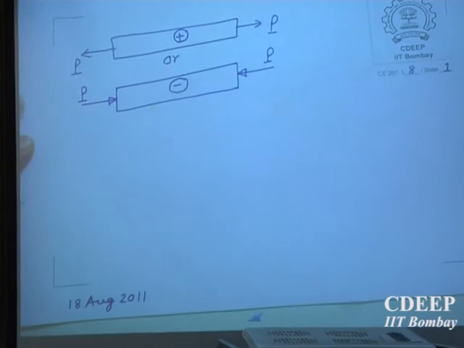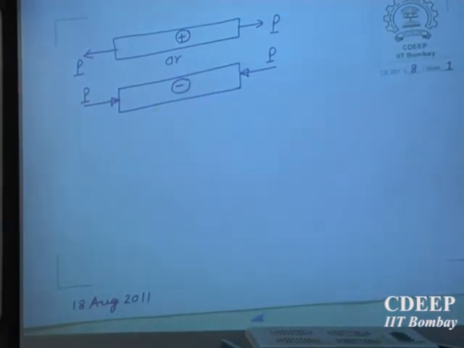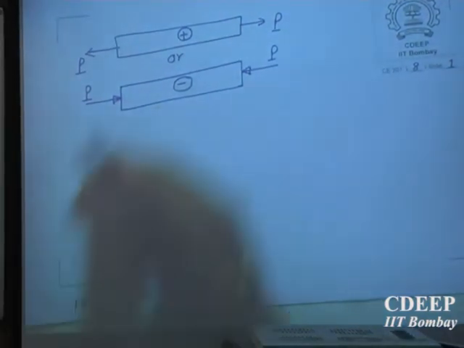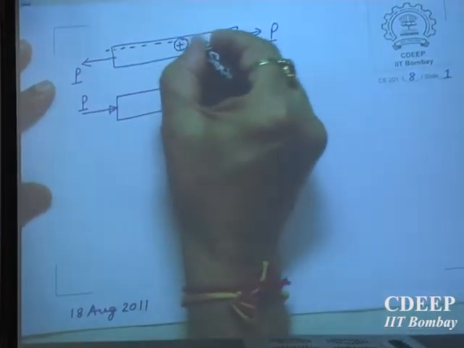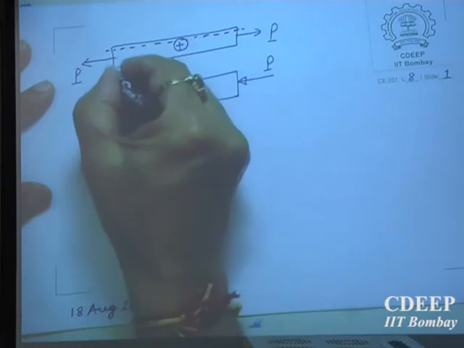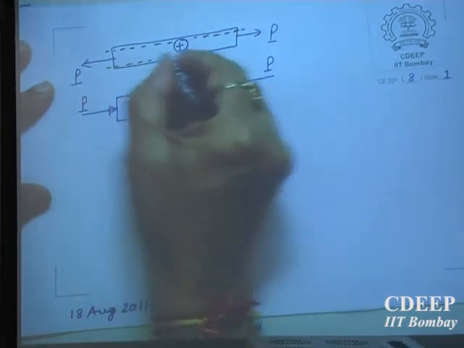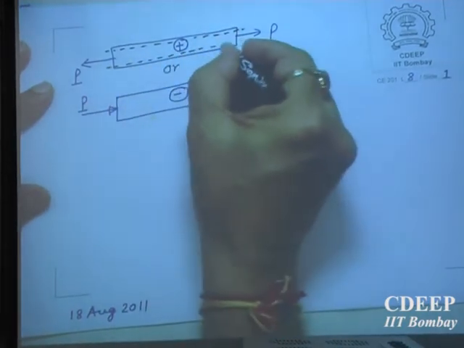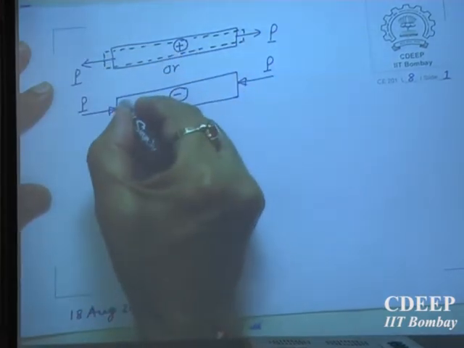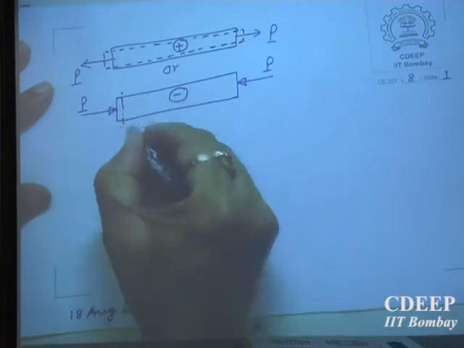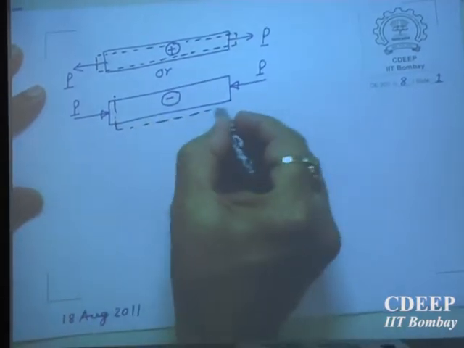So tension is shown by a plus sign, and if it is compression, we show it by a minus sign. This rod will undergo an elongation. Of course, the boundary condition is not fixed, so I cannot say that one end will be fixed. And this rod will be under compression. It will become something like this.